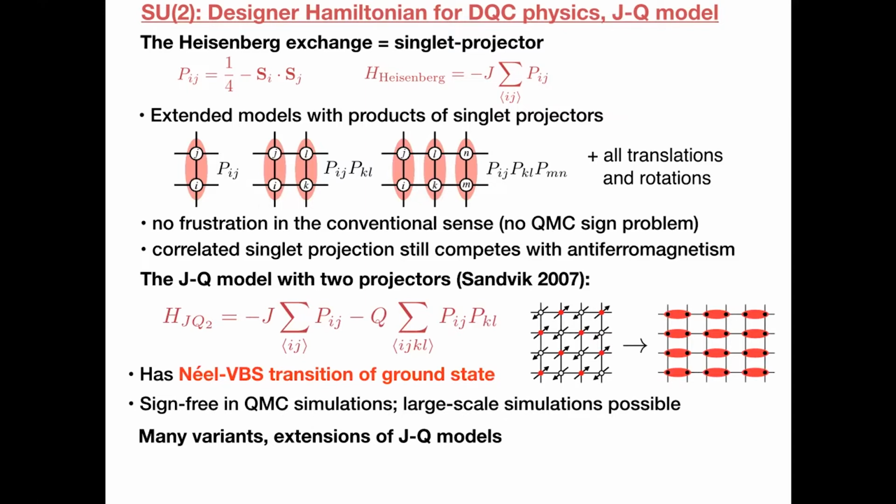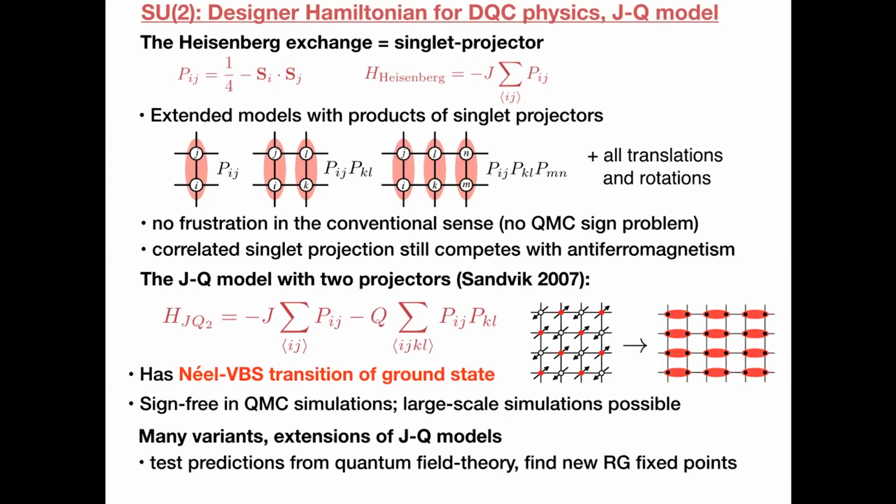Here you have the Q3 interaction, Q2, and Q1 is just the J interaction. But the way you arrange these singlet projectors in the product can also be varied and gives rise to different kinds of states.